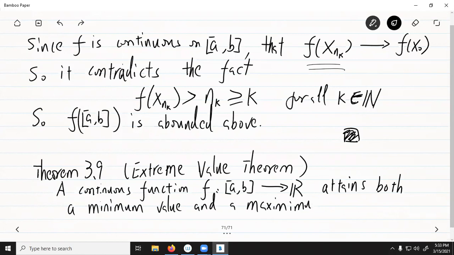Okay, so this is the extreme value theorem.